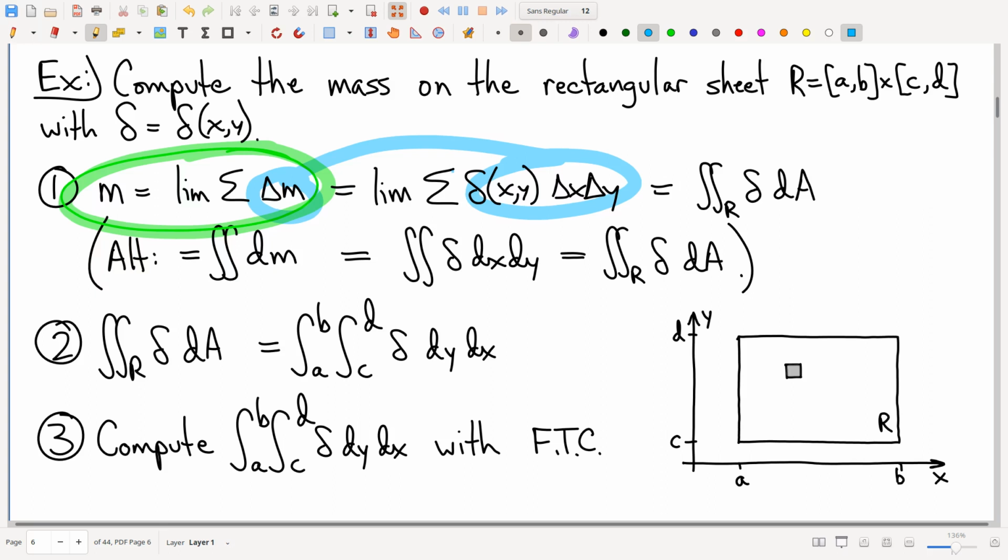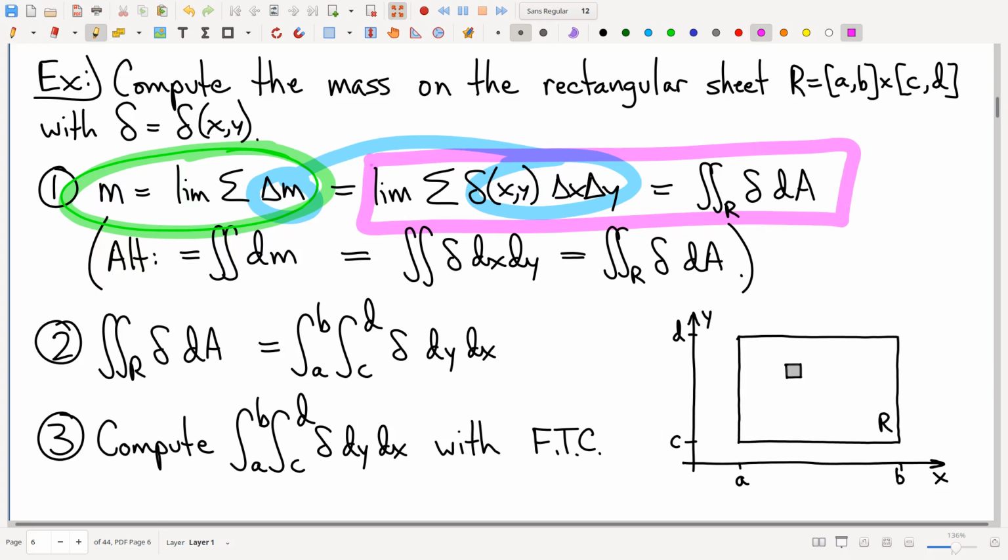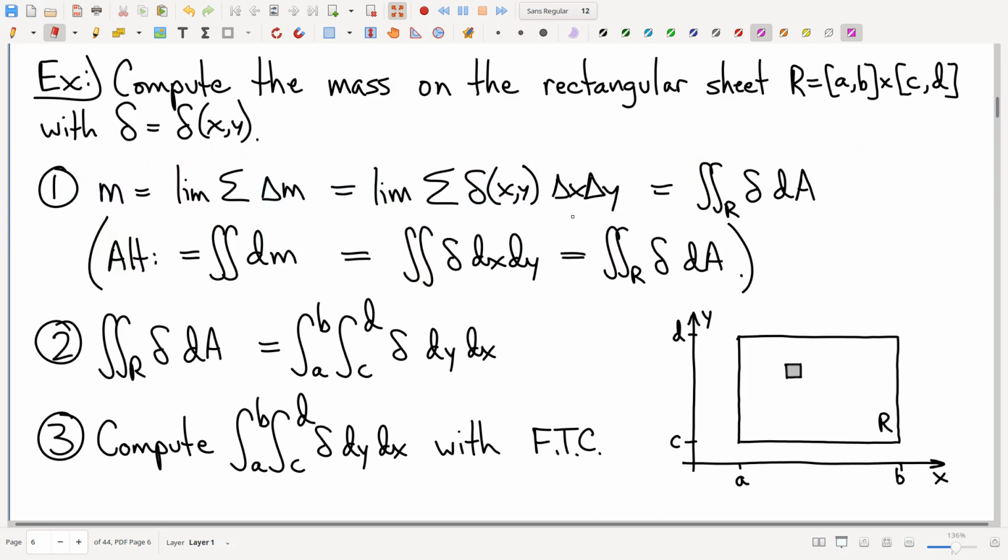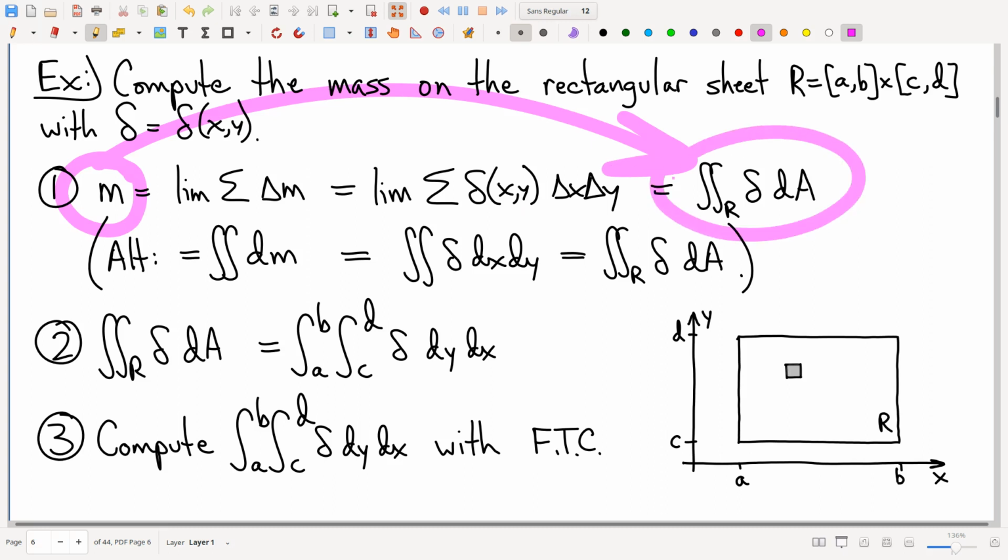And when mass is distributed over an area, that's what that density is. Okay. And then lastly, this, you'll note, is the definition of a double integral. Notice we have literally a Riemann sum here, a 2-index Riemann sum, and that's our definition of a double integral. Okay, so we have rewritten our question as a double integral.